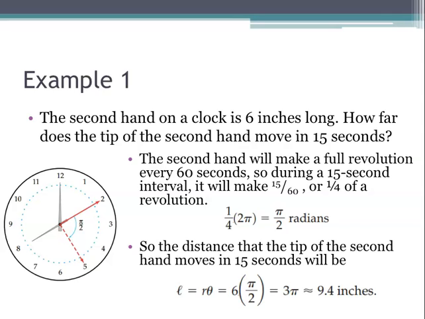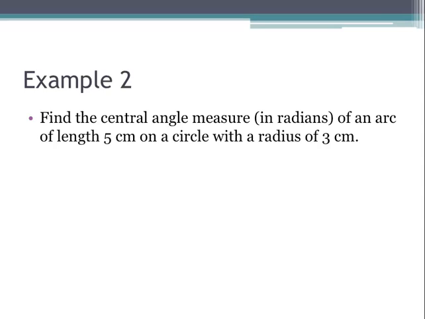Okay, let's look at example 2. Find the central angle measure in radians of an arc of length 5 centimeters on a circle with radius of 3 centimeters. Okay, so again, we're going to use that the arc length is equal to R times theta. Now, theta, remember, is the angle measure in radians, which is exactly what this is asking for, right? Find the central angle measure.